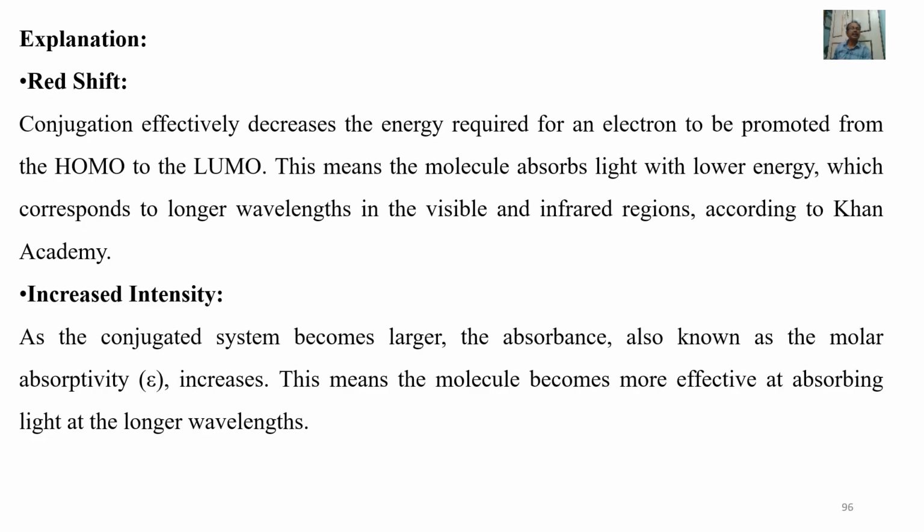Explanation. Redshift. Conjugation effectively decreases the energy required for an electron to be promoted from HOMO to LUMO. This means the molecule absorbs light with lower energy, which corresponds to longer wavelengths.